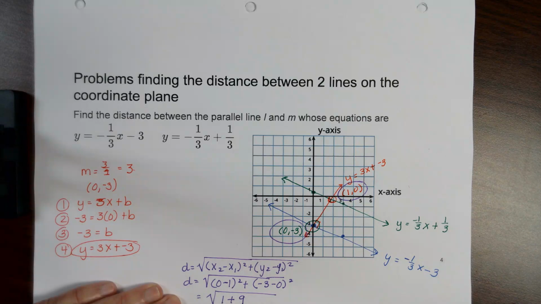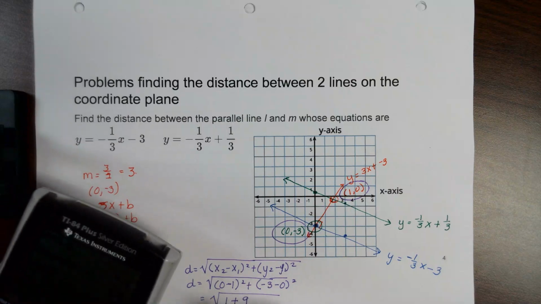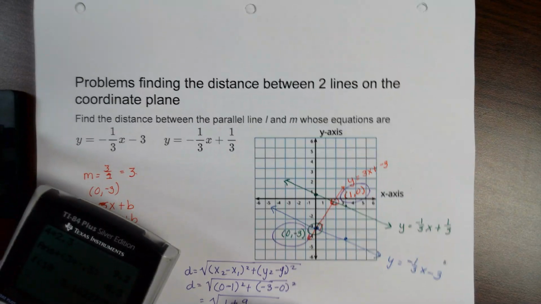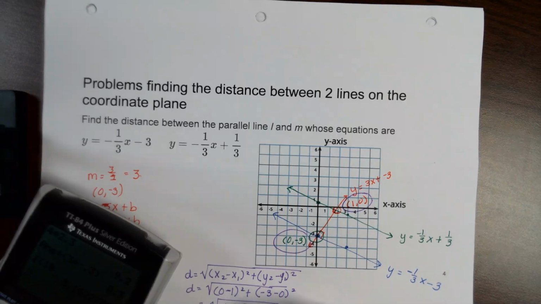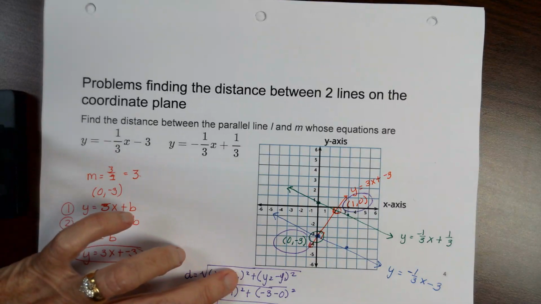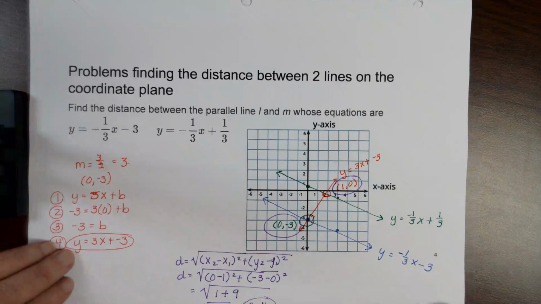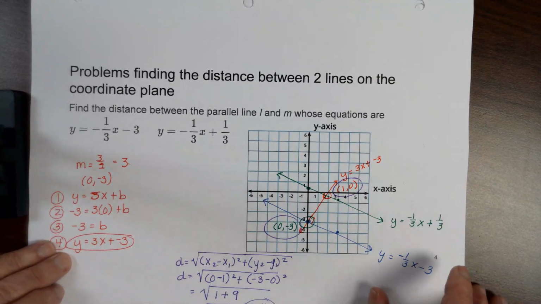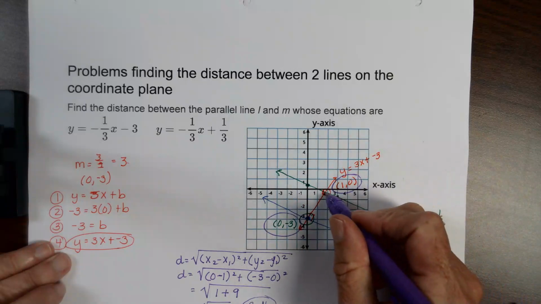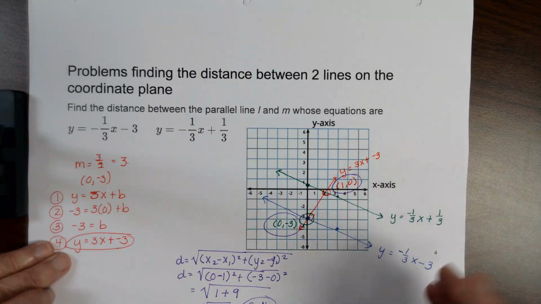So the distance here is going to be the square root of 10, which is approximately 3.16. If you have the distance formula in your calculator, you could plug that in and just pop those vertices in there because you're looking for the distance from here to here.